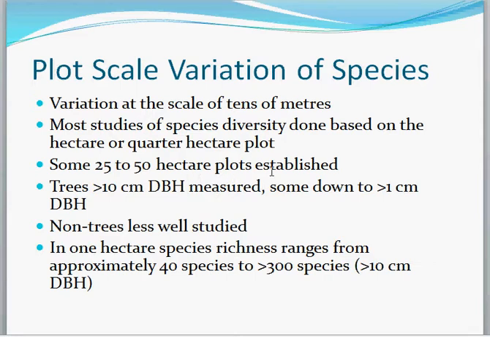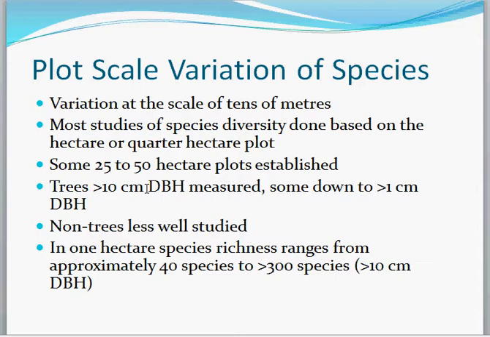The reason why 10 centimeters DBH is often used is that in many forests mortality rates in small trees are much higher than mortality rates in large trees. That is because the larger trees have better access to light and resources, as they are taller and reach up into the canopy. The smaller trees die more regularly and faster because they are still shaded out by the larger trees.